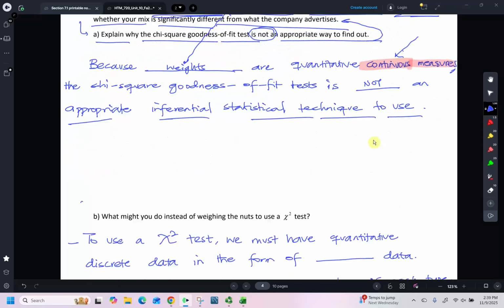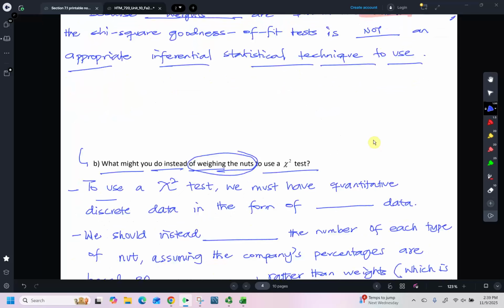Part B asks, what might you do instead of weighing the nuts to use a chi-square test? That is, you really want to use the chi-square test. The requirement for using the chi-square test is that we must have quantitative discrete data in the form of count data.